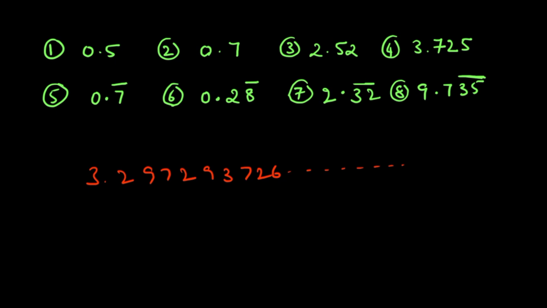Suppose there is no 'so on', this is the whole number, then we can write it in p by q form, because it is terminating. There is no 'so on', just see. It is terminating. So how do we write it? How many places are there? 1, 2, 3, 4, 5, 6, 7, 8, 9.